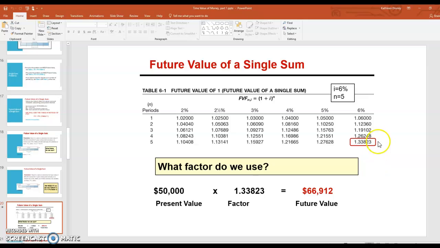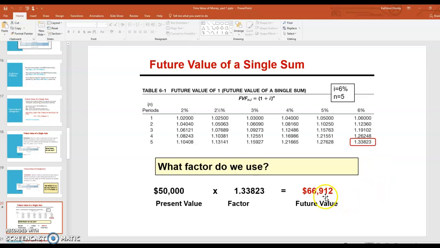And we see when we calculated it using the tables that we came up with 66,912. That's because the app goes out maybe one more digit or 2 or 3 more digits past what this table does; the table only goes out 5 digits past the decimal point.